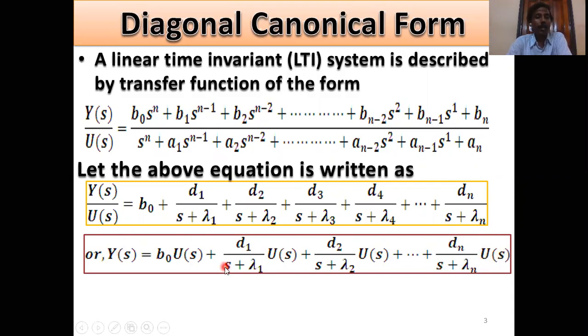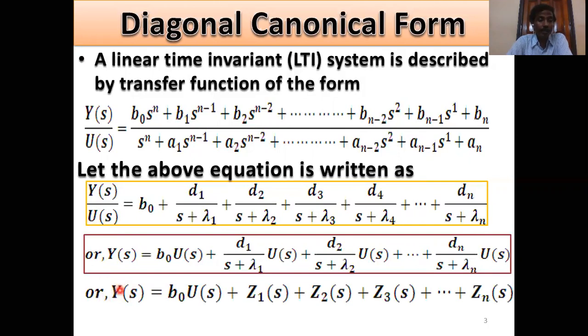So multiplying both sides by U(s), we get Y(s) equals this. Here Y(s) is the system output and U(s) is the system input, the reference input. This reference input may be step, ramp, parabolic, impulse, sinusoidal, any type of input you can apply in this position.